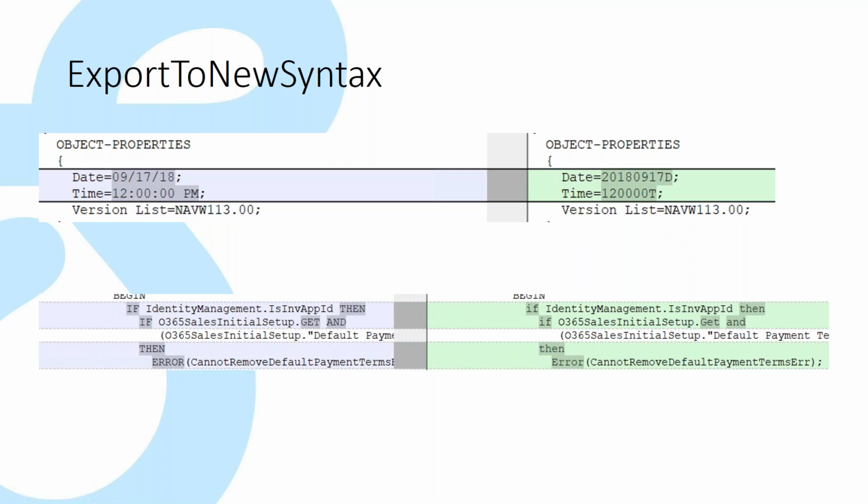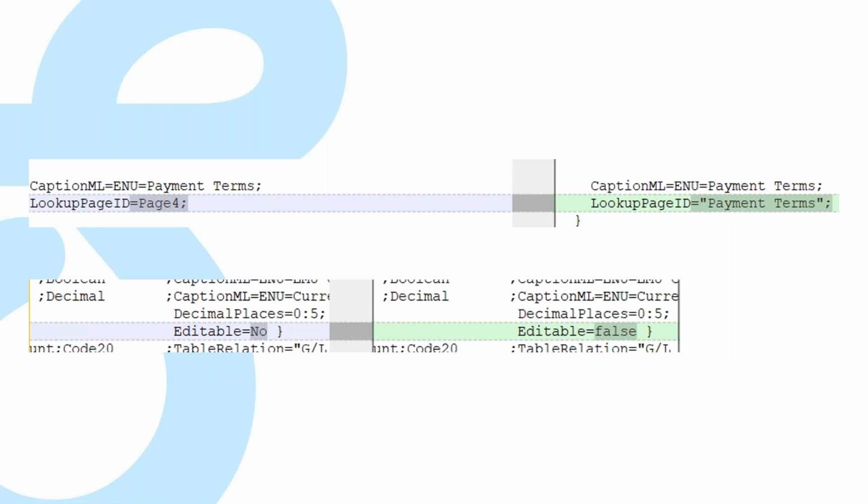Also, we have different changes like lower cases instead of upper cases. What else do we have? We have Boolean values changed from yes/no to true/false, and the page references have been changed.